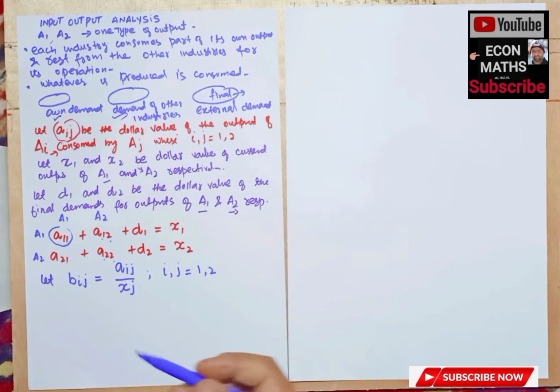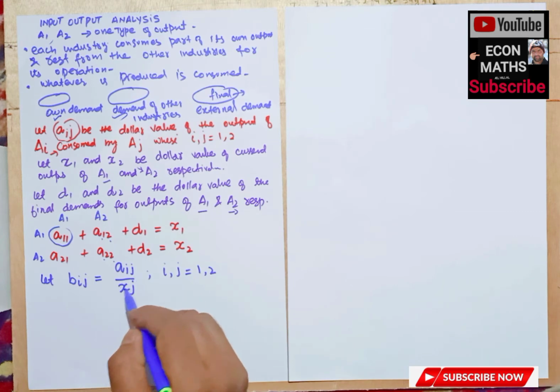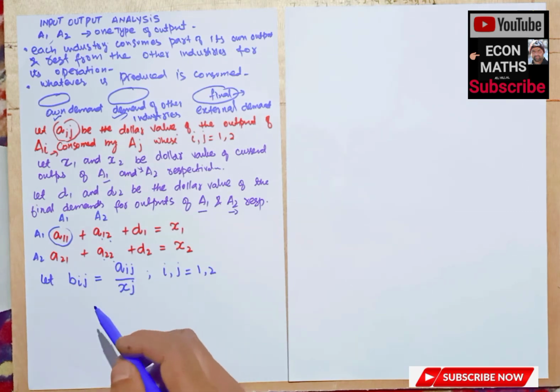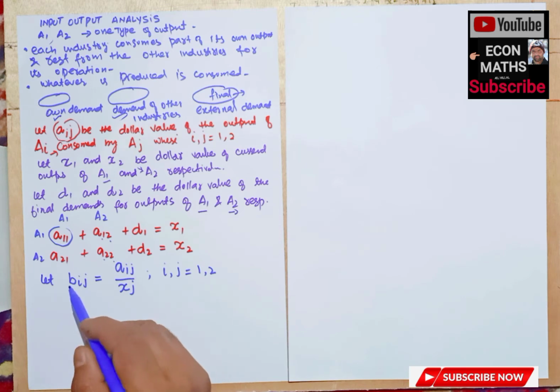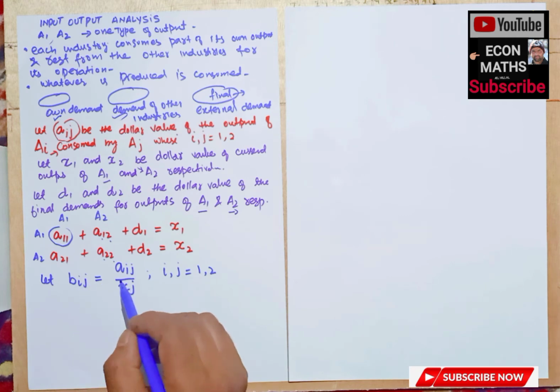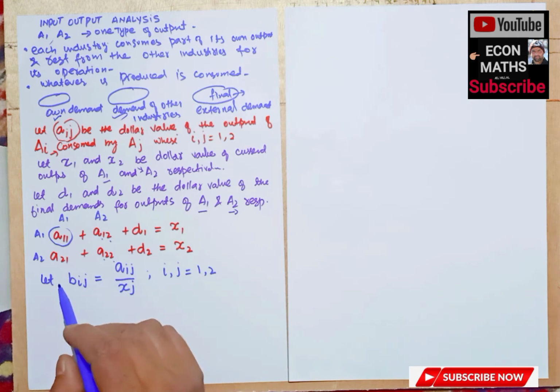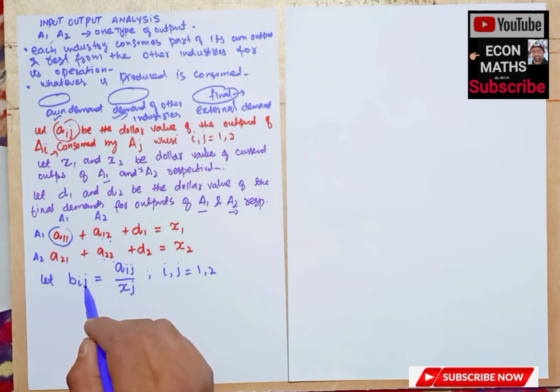Now what does this Bij equal to Aij divided by Xj mean? This is called the technical coefficient. This technical coefficient tells us the dollar value of input from the ith industry required to produce $1 worth of output of the jth industry. We can form the technical coefficients here.